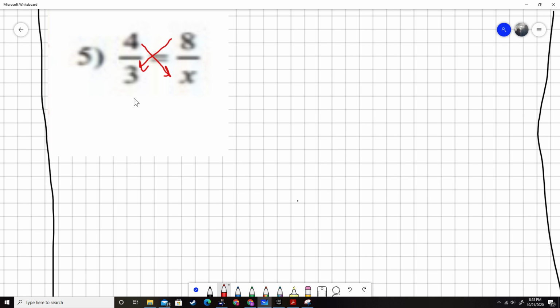If I cross multiply, this gives me 4 times x, and that is equal to 8 times 3. Now you need to make sure you simplify. So 4 times x is just 4x, and 8 times 3 gives me 24.